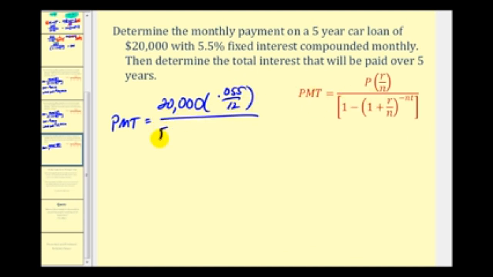And our denominator is going to be 1 minus the quantity 1 plus 0.055 divided by 12 raised to the negative nt power. Well, n is 12 because it's still compounded monthly, and it's for 5 years, so t is 5. So our exponent here is going to be negative 60.